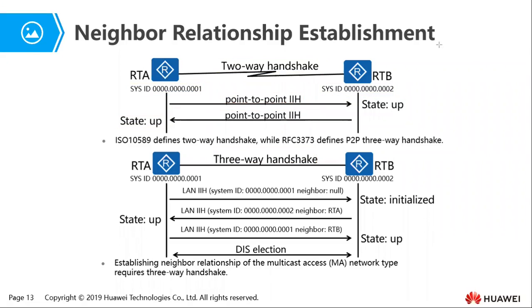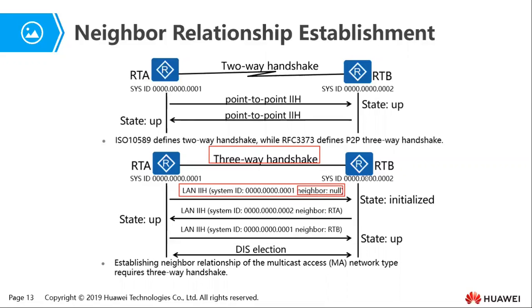Okay, but when it comes to a three-way handshake, you'll actually confirm that you've achieved bidirectional communication. So how? Firstly, you'll send a LAN, either level 1 or level 2 LAN IIH, with your system ID on that hello packet. Initially, your neighbor list will be empty.